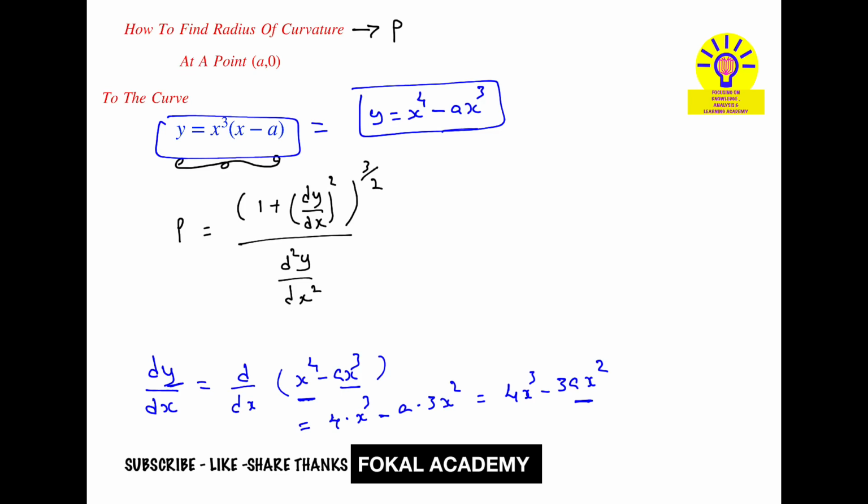But here we want the radius of curvature at this point. So substitute this point in this equation. Here this is the x value and this is the y value. Wherever x is there, substitute x equal to a and y equal to 0. It becomes 4 into a cube minus 3a into a square, that is 4a cube minus 3a cube, which equals a cube.